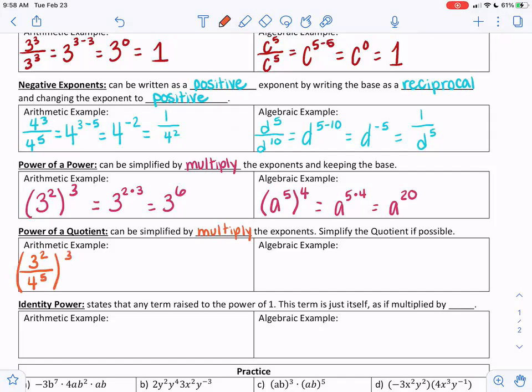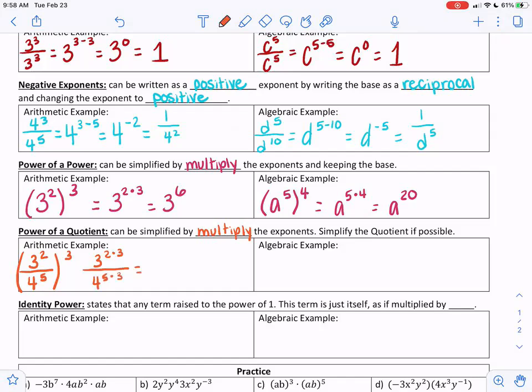So I'm going to multiply that 3 to everything in the parentheses. So I'm going to do 3 to the 2nd raised to the 3rd over 4 to the 5th raised to the 3rd power.